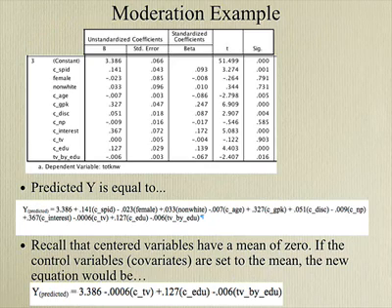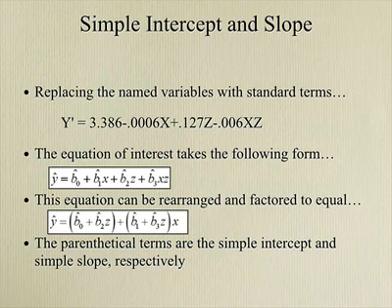Instead of talking about TV and education and the interaction, we could use the same terms that we had earlier. I can take out those names and just put in x, z, and x times z. Easy enough. As we talked about earlier, x is the independent variable, z is the moderator, and this would be just a multiplicative quantity.